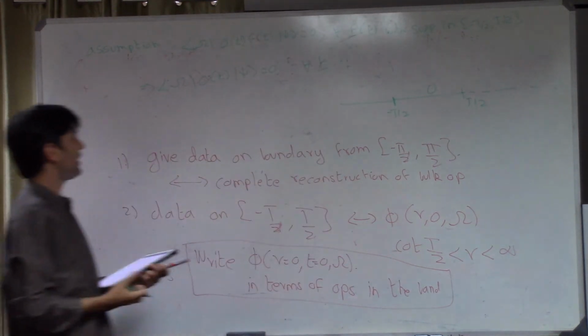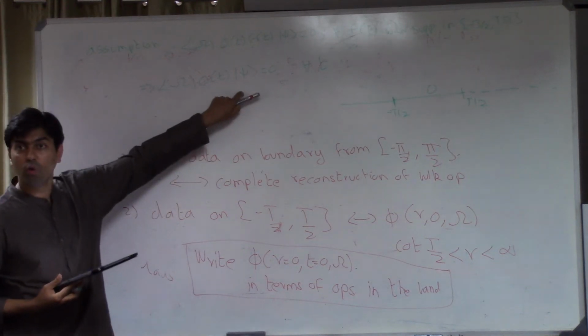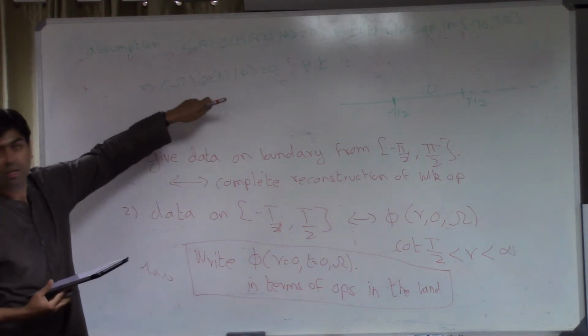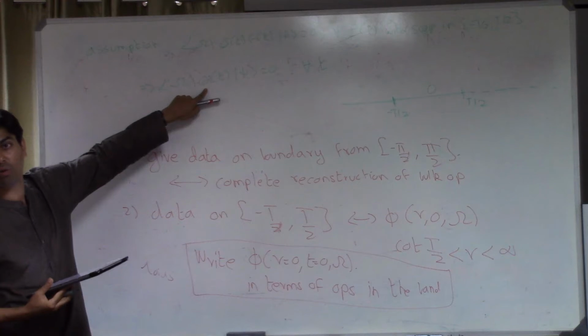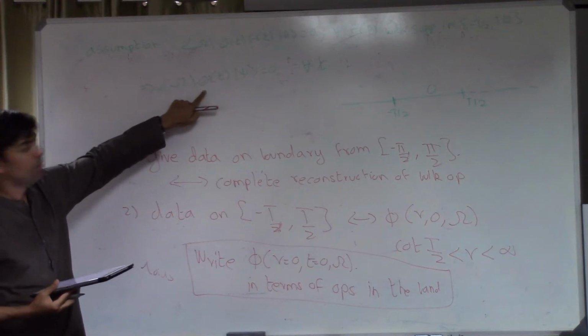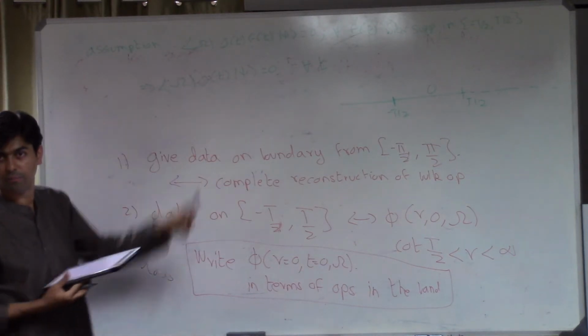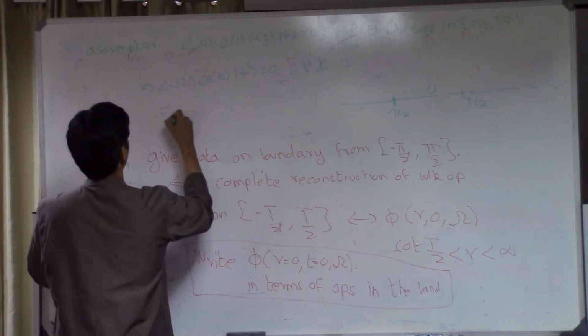Okay, but if this is the case, this means that psi is 0, because all states in the theory can be created by acting on the vacuum with O of omega. So if this is 0, that means that psi is 0. And therefore, there is no such state.